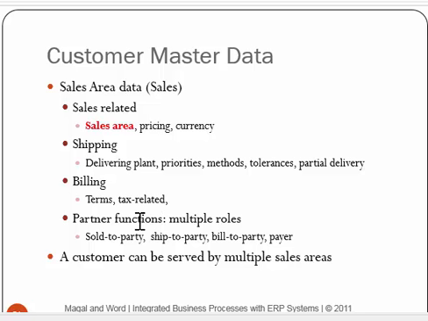The partner functions. Every customer has several partner functions. What do we mean? If you are a customer and you are a company yourself, you have several plants. Didn't we say every company has at least one plant?